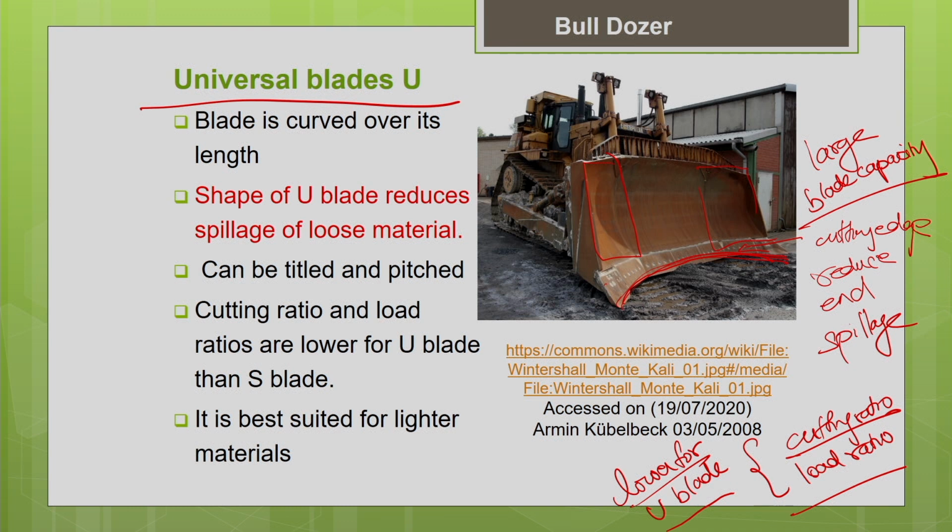Only smaller blades can have high cutting ratio and load ratio because of the greater concentration of horsepower per unit meter of the cutting edge. But here, since the blade dimension is bigger, these have lesser cutting ratio and load ratio.